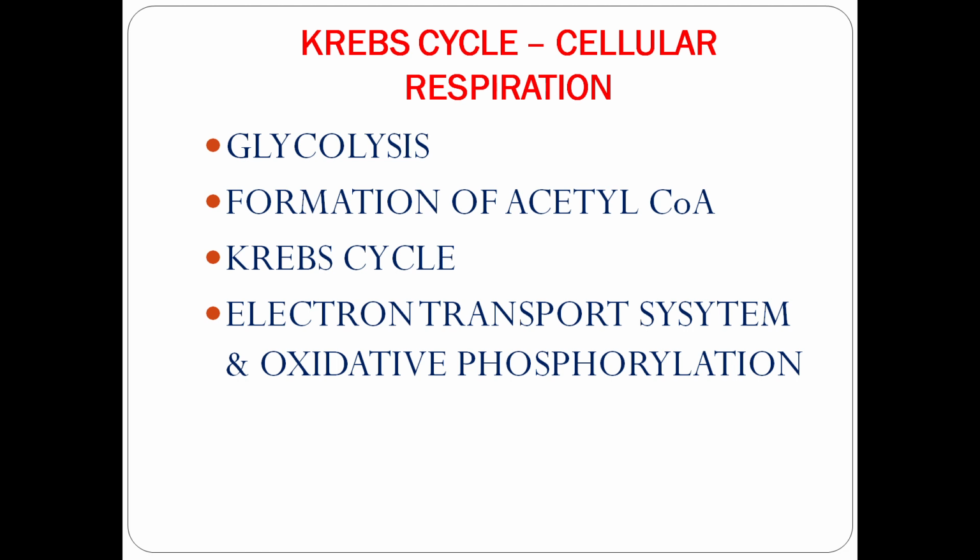Oxygen is reduced to water. It takes place in the inner mitochondrial membrane. So, these are the overall reactions of the citric acid cycle. It is an 8-step process. The Krebs cycle takes place in the matrix of mitochondria under aerobic conditions.